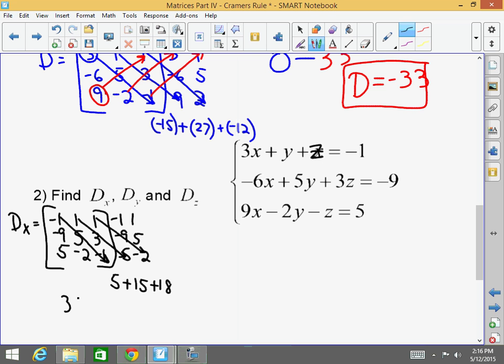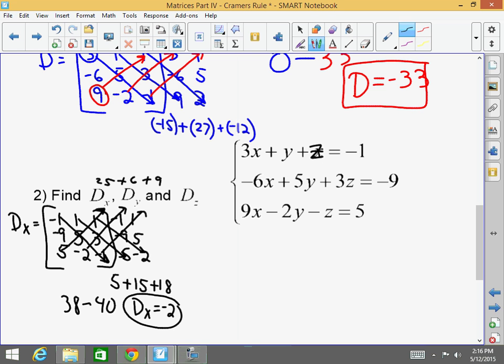So 38 minus, now I have 25, that's negative, plus 6, and that's 9. So that's 40? Yep, 40. So this equals negative 2. So d of x equals negative 2.